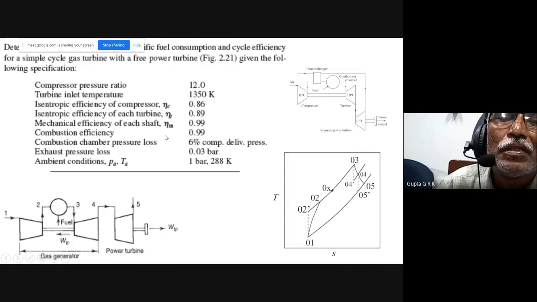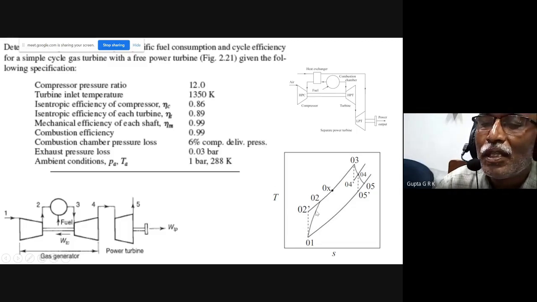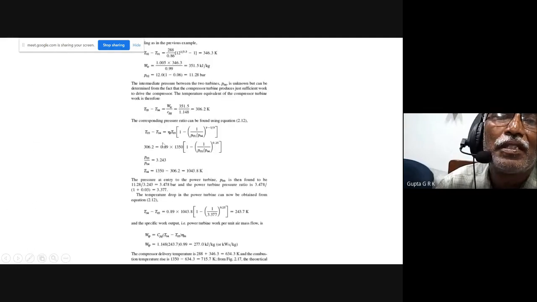The combustion chamber pressure loss is 6% of the compressor delivery pressure. The compressor delivery pressure is 12 bar. 6% of it means 12 into 0.06, so that is the loss here. So 12 into 1 minus 0.06 gives me P03.